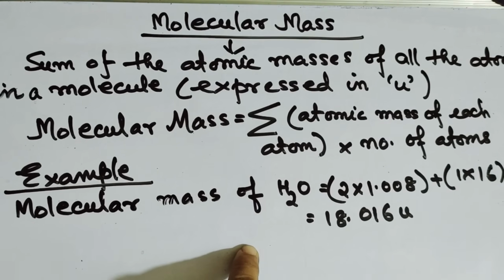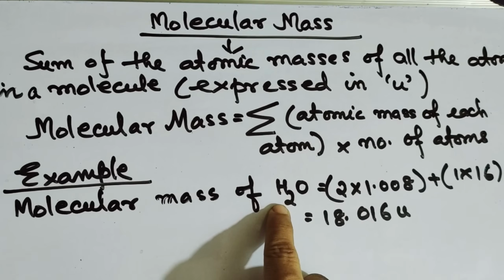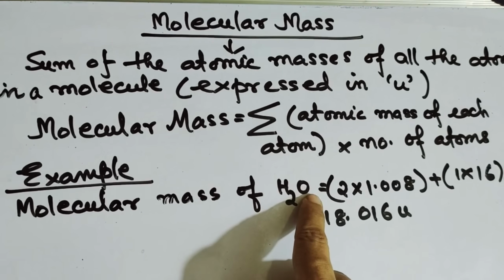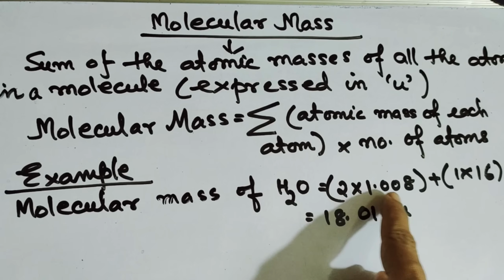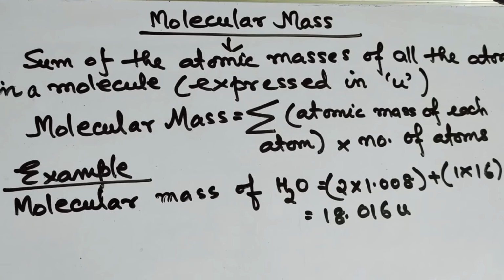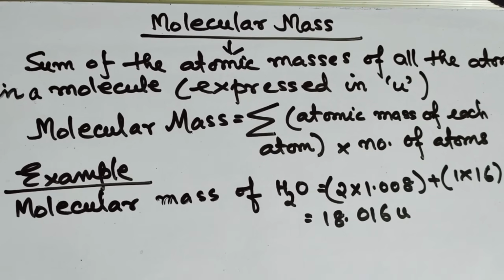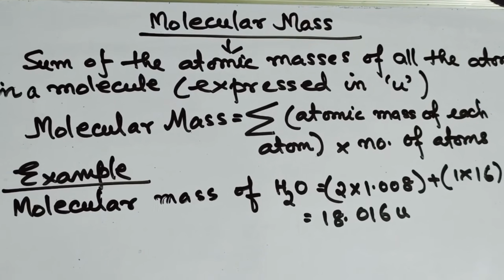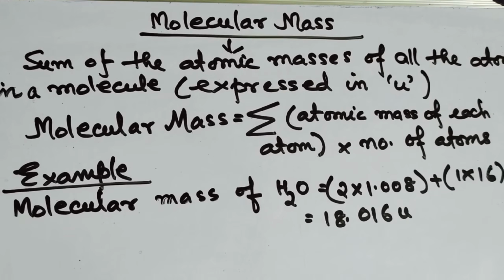That is what is seen here. Here hydrogen is there, here oxygen is there. So 2 into the atomic mass of hydrogen 1.008, 1 into the atomic mass of oxygen, that is 16. So it comes out to be exactly 18.016 U.